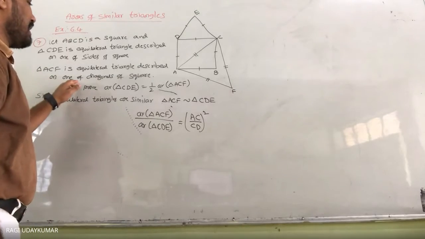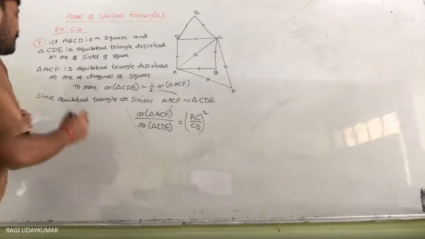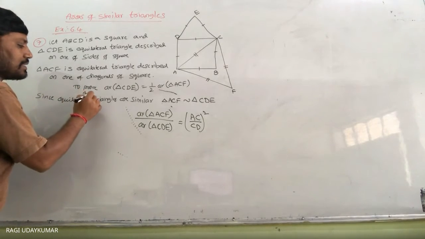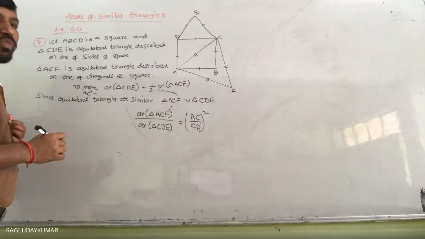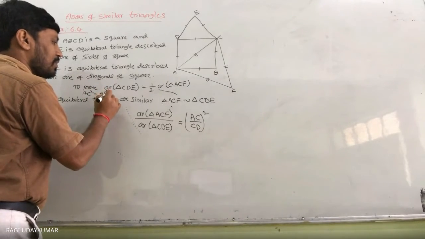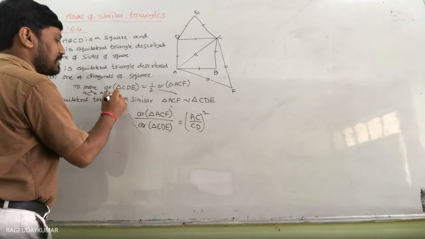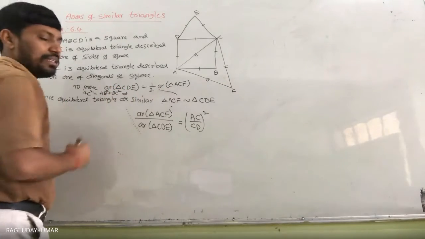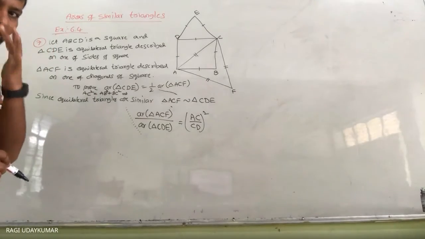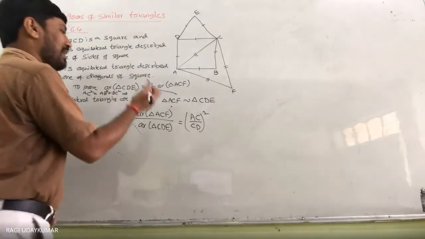So to prove लिखने के बाद, if you want here, you can write AC square is equal to AB square plus BC square. Isn't it? Pythagoras theorem use कर दिया मैं. तो पहले लिख रहा हूं मैं.